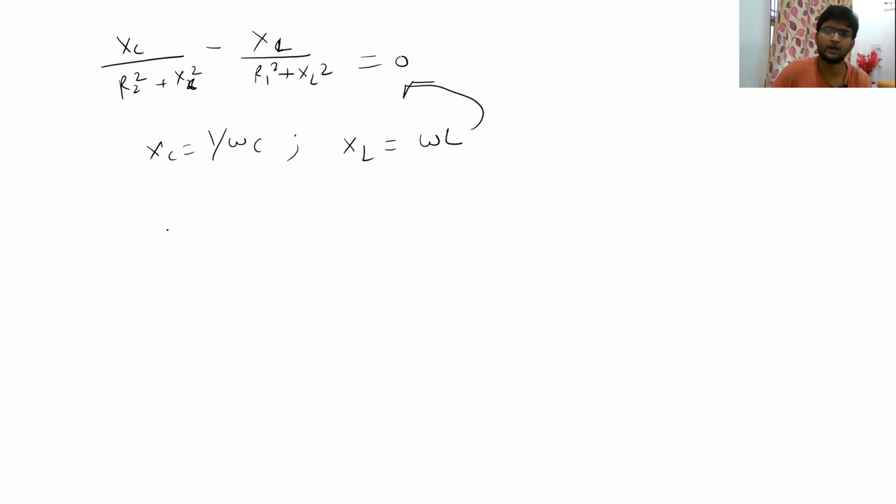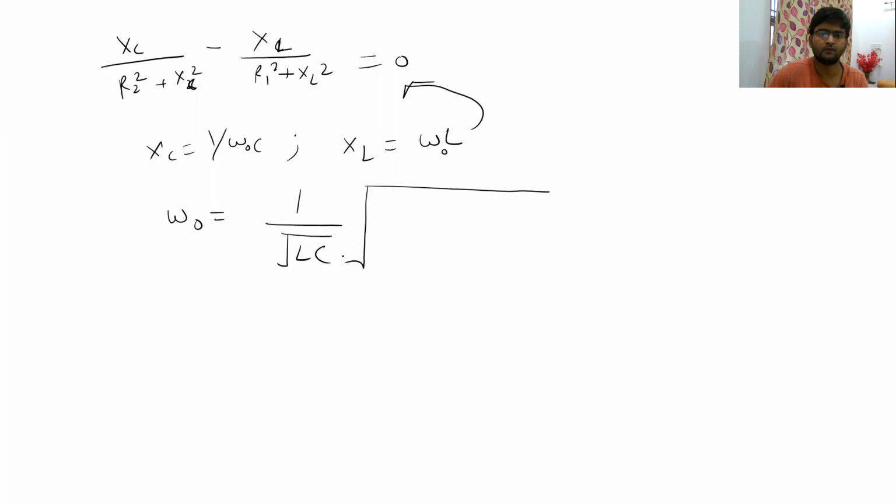So I'm just going to write the value and let me call it omega naught because we are talking about resonant frequency. So if we solve, we are going to get the value of omega naught as 1 upon under root LC. It is a homework. You just go and try to solve this particular equation. You will get the same equation as I'm writing.